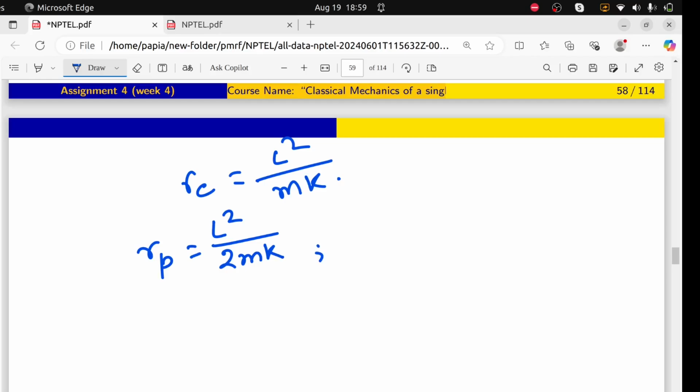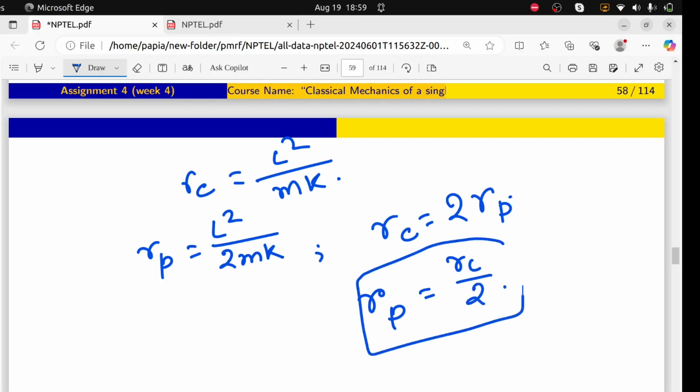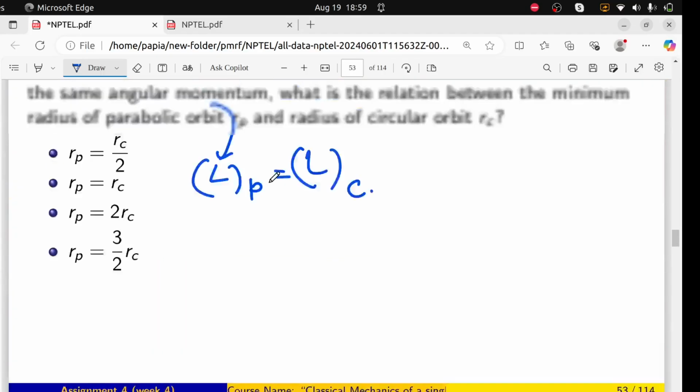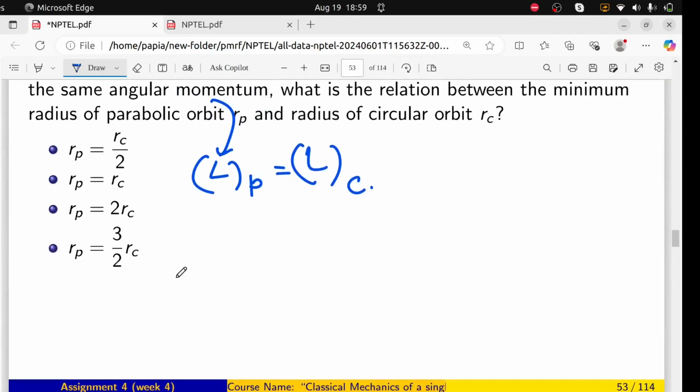So I can see that RC is 2 into RP, or otherwise I can write RP equals RC by 2. So this one is the expression: RP equals RC by 2. This one is not correct.